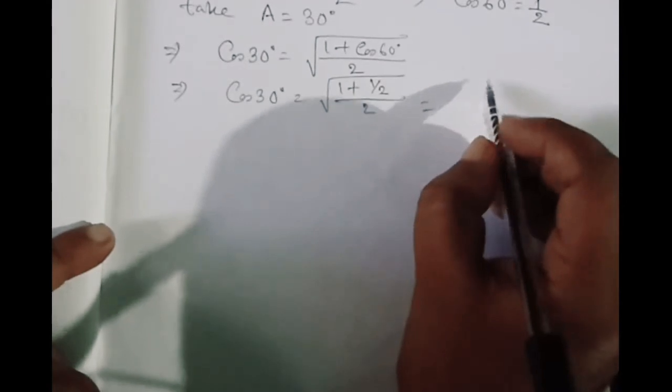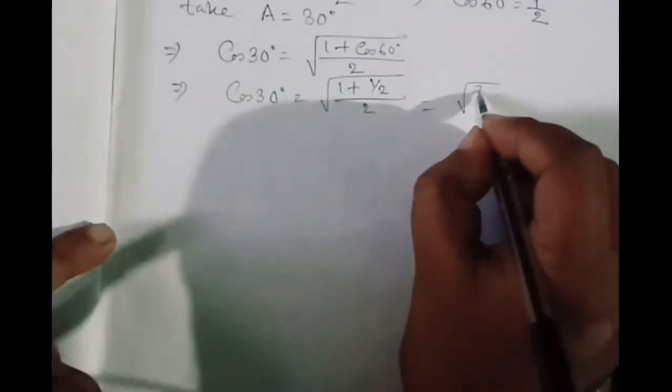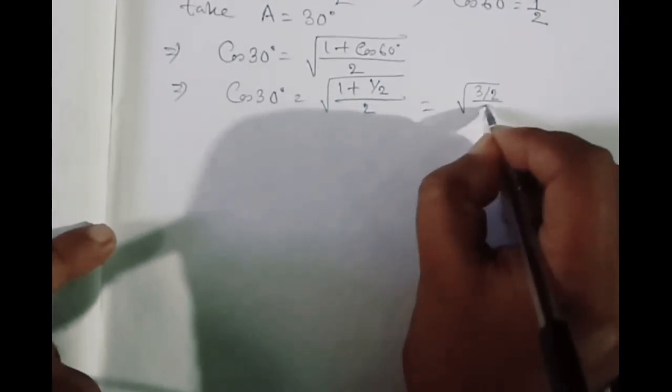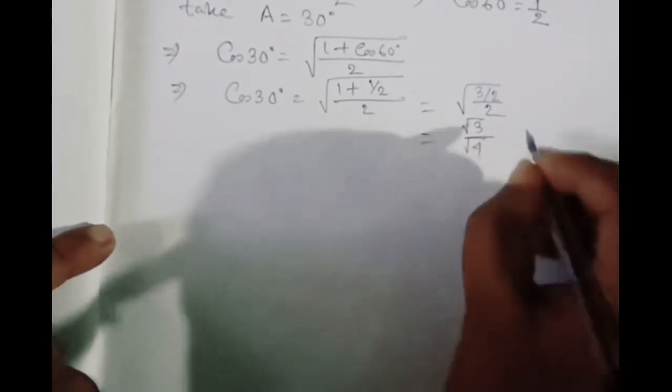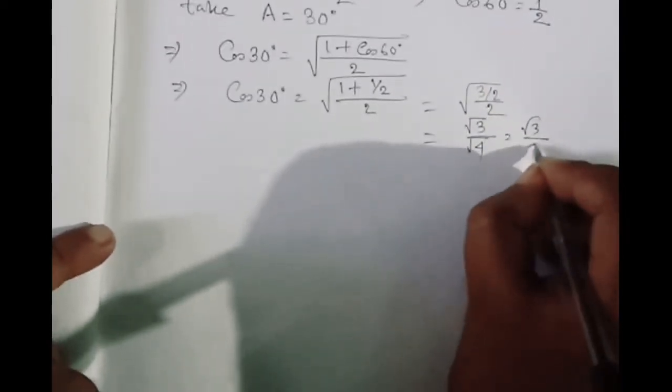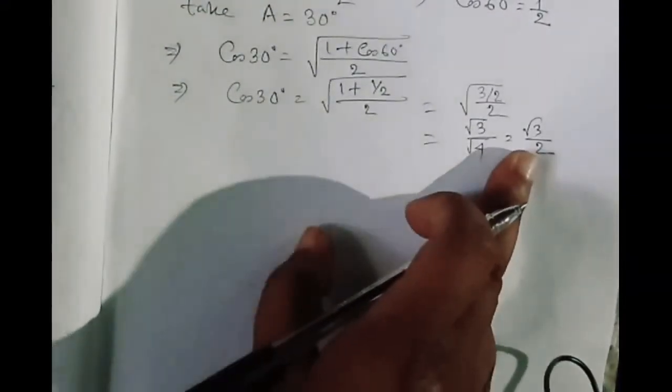If we do the calculations, this is root under 3 by 2 by 2. So, that is root 3 by root 4, so this is root 3 by 2. So, the value of cos 30 would be root 3 by 2.